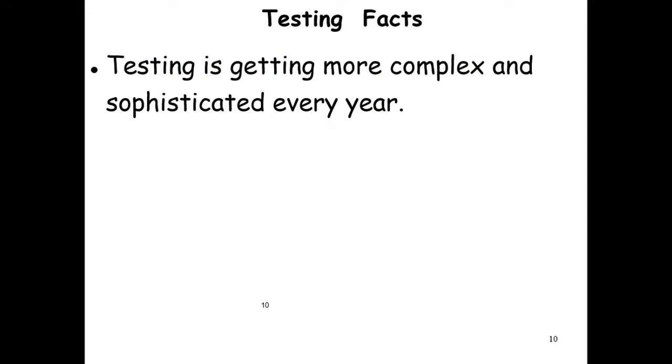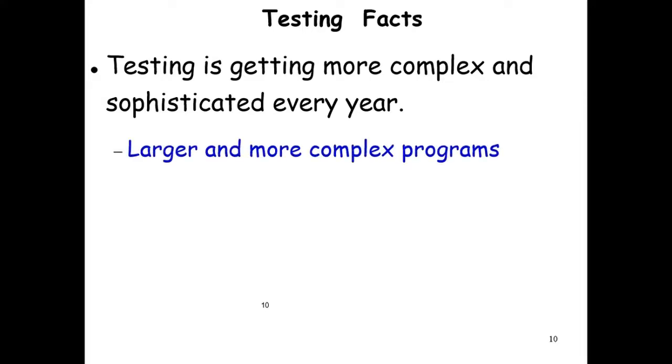So testing is getting more complex and sophisticated every year, since we are getting a huge amount of code year by year. More functionality needs to be implemented. So according to those requirements, the testing method should also improve. So it's getting sophisticated every year.